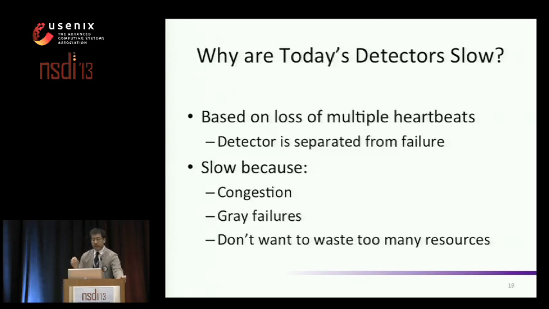Today's failure detectors are generally based on keep-alive or heartbeat messages, partly because in traditional systems, the detector is actually separated from the failure. These heartbeats are relatively slow, intentionally slow, because congestion and gray failures can potentially cause false positives. It's also the case that we'd rather not waste too many network resources with constant pinging.